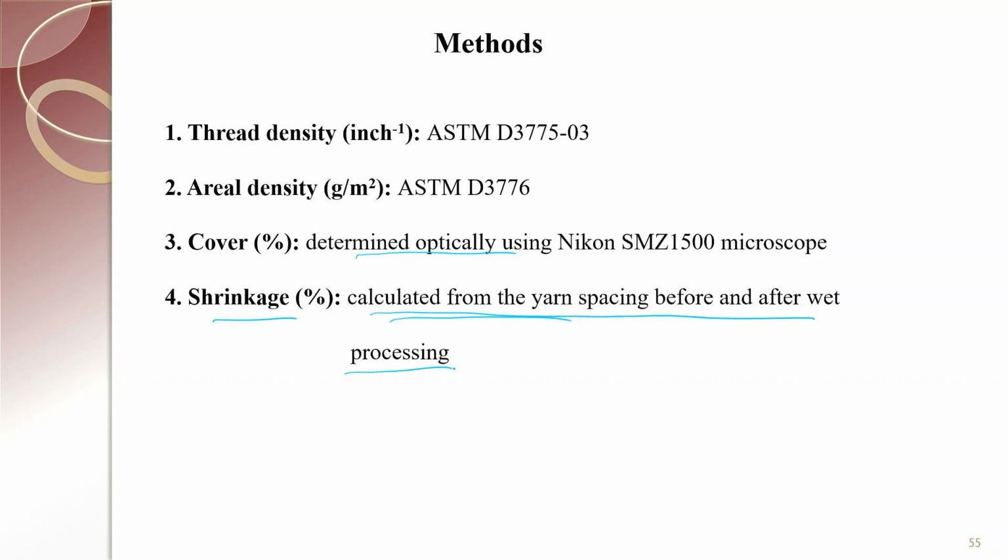That way we can measure the shrinkage, and we also measured the shrinkage based on the fabric dimension. So, yarn spacing before and after wet processing, because here we wanted to know the spacing, pore size.